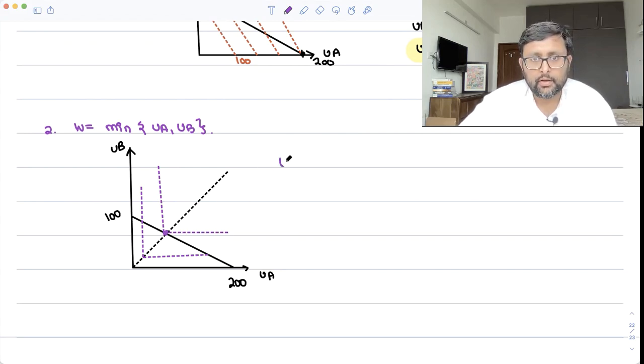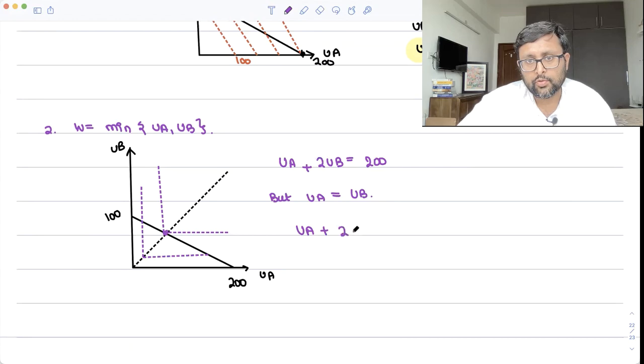So what is happening? You are given UA plus 2UB is equal to 200. But since you have a Rawlsian social welfare function, UA is equal to UB. So UA plus 2UA, in place of UB you have written UA.